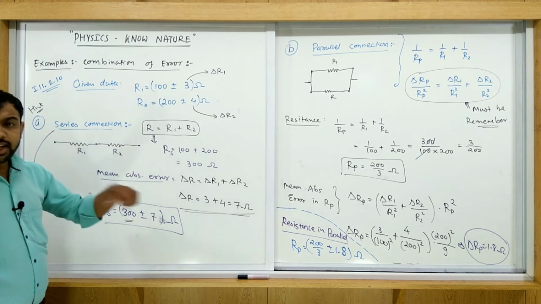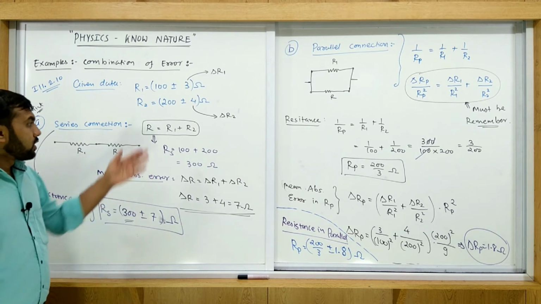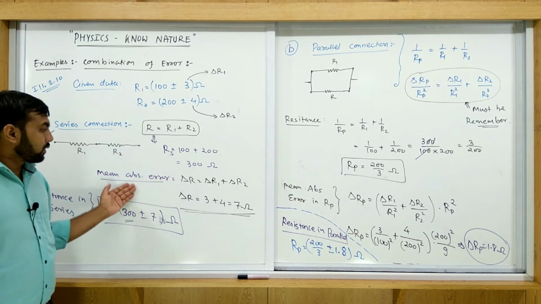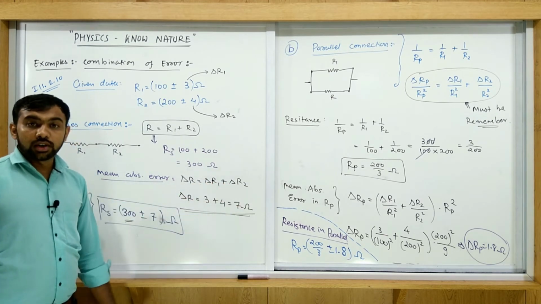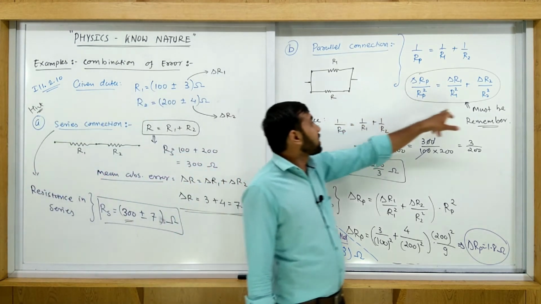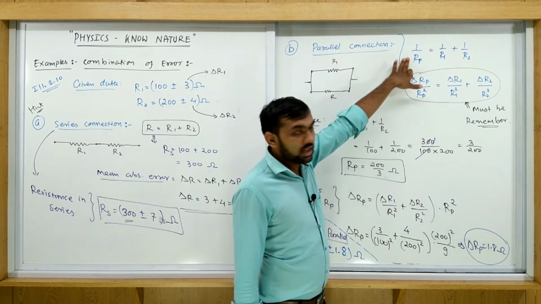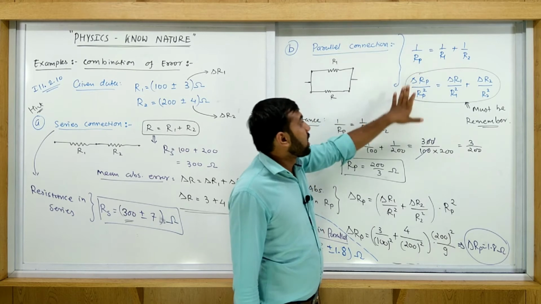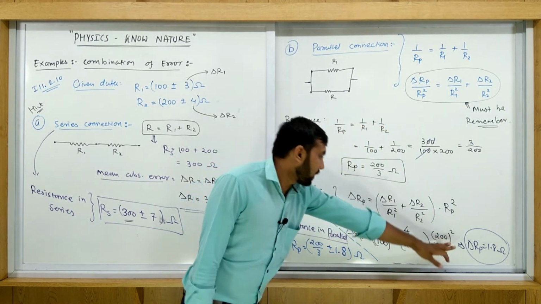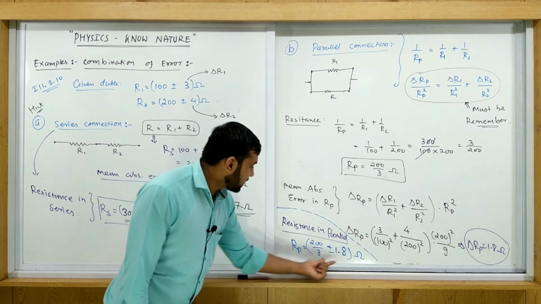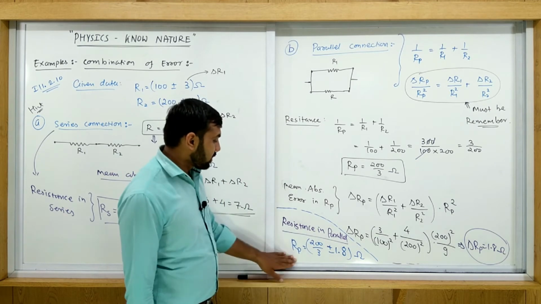You just take a summation of two physical quantities. The rule of summation is simple: the mean absolute error is equal to the summation of the individual errors. But here it is not summation. Here this type of equation is used. For parallel connection, the resultant resistance is this one and the resultant error is this one. So use both relations, find them separately, and finally write the answer this way: 200 upon 3 plus or minus 1.8 ohm. This is our final answer.